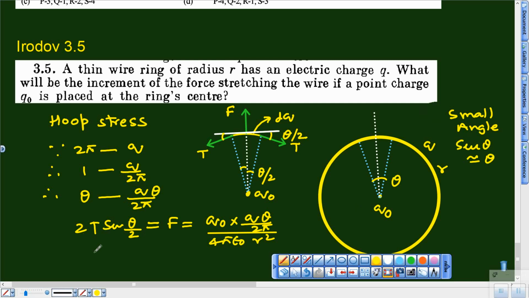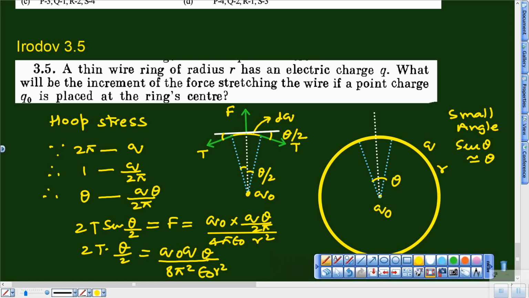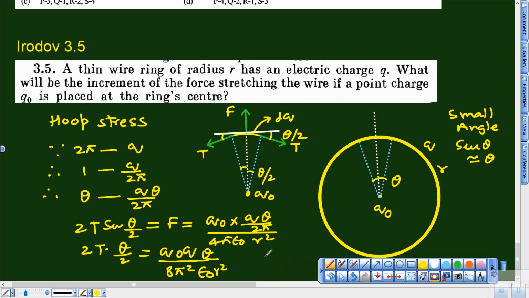Thus, out here, this will become 2T into theta by 2, which would be nothing but Q naught q theta upon 8 pi square epsilon naught r square.